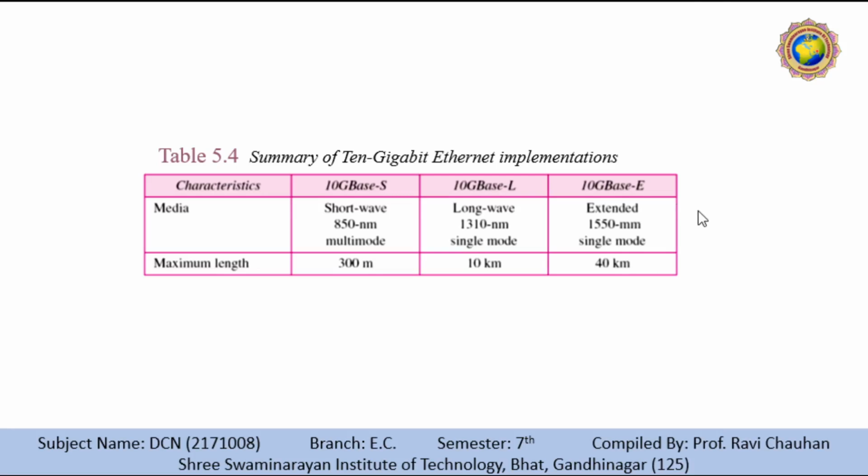Lastly, 10GBase-E uses extended 1550 nanometer single mode media. 10GBase-S has a 300 meter length. 10GBase-L has a 10 kilometer length, and 10GBase-E has a 40 kilometer length.